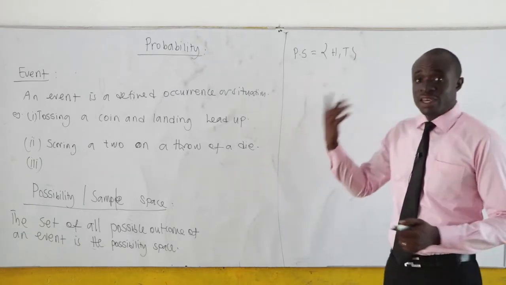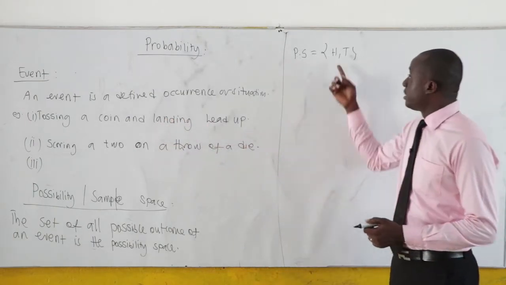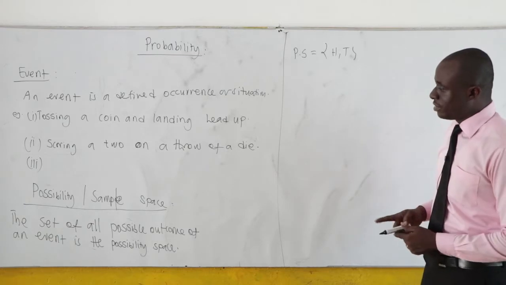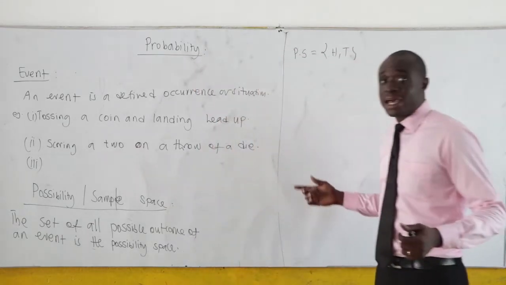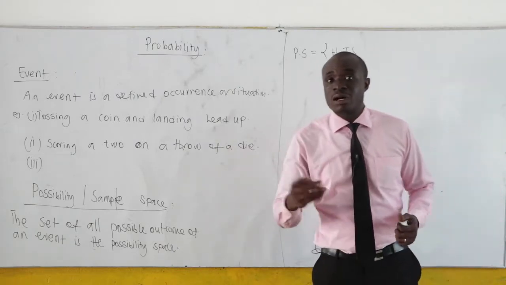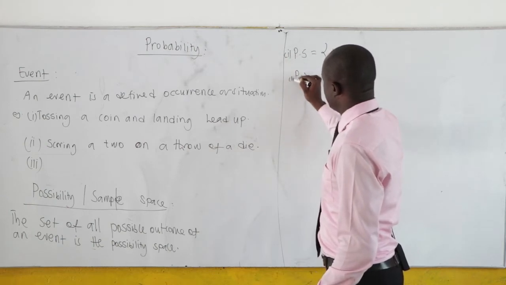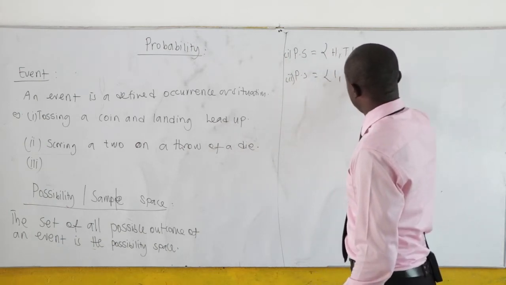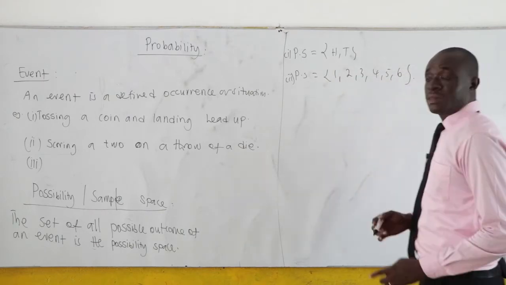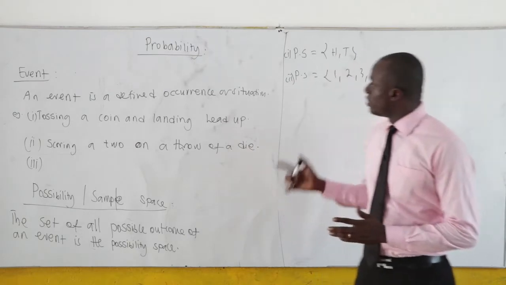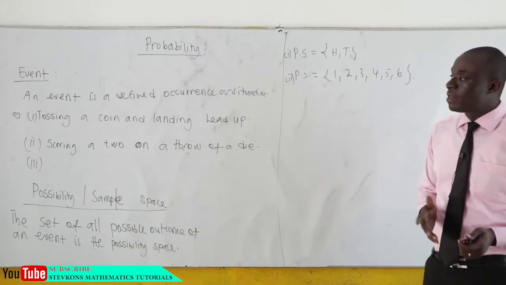Now the second one says scoring a 2 on a toss of a die. The set of possible outcomes on a die, so the possibility space for the second one, is 1, 2, 3, 4, 5, 6. That is all. So we now know the difference between an event and the possibility space.